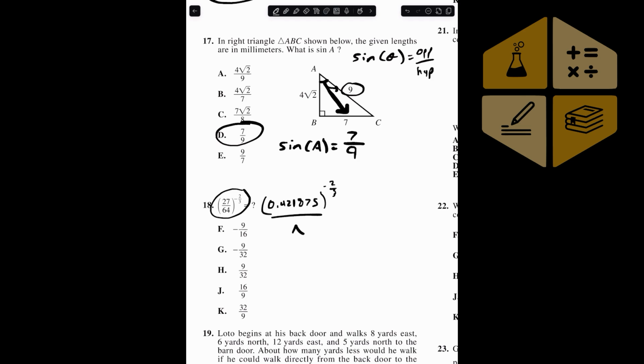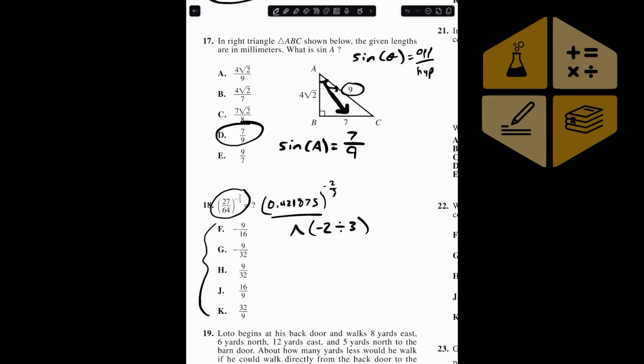We used that before, raising a number to a value. Then I'm going to type this in: parentheses, negative 2 divided by 3, raised to the negative 2 divided by 3 power, and that's going to give me a new decimal number. And guess what? That decimal number is going to match up with one of these 5 answer choices, okay? So I've got this decimal in my calculator, hit the up arrow.